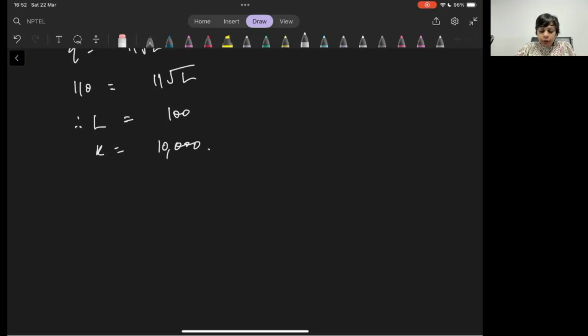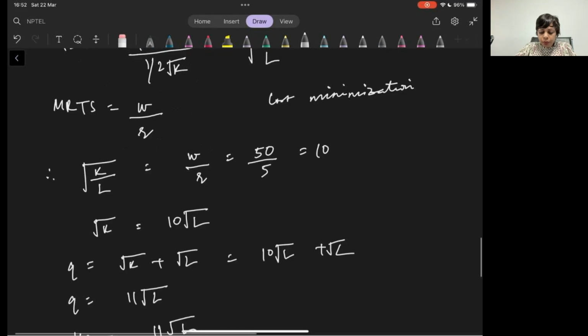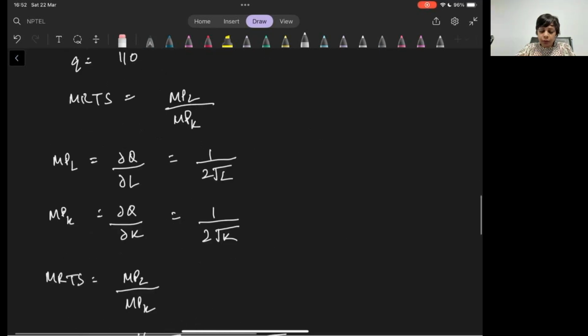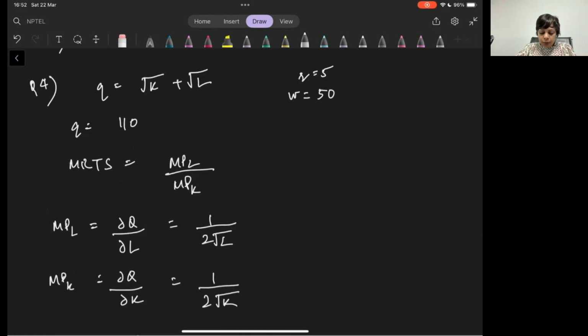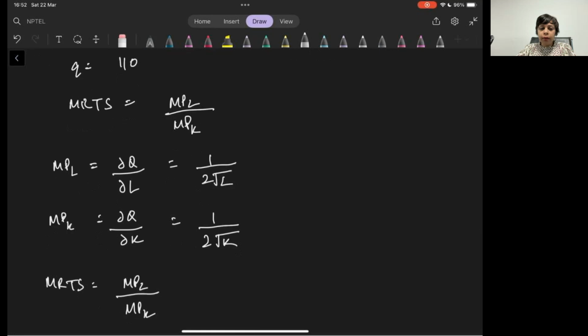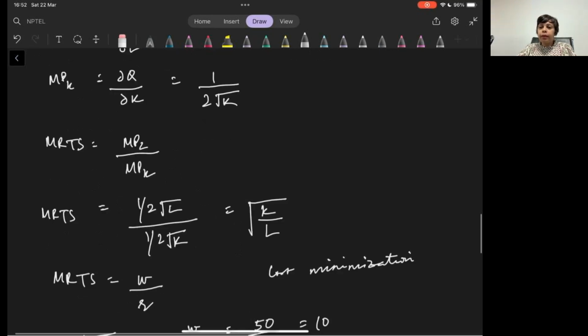So all we did was we started out by first computing MRTS, given the expression for the production function. We compute MRTS by first computing MPL, then MPK. And we got an expression for MRTS in terms of K and L. Now, in this case, we get this to be root K by L, but it could be anything.